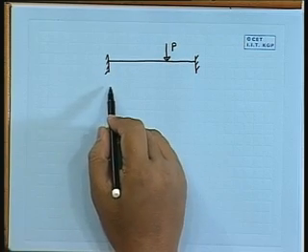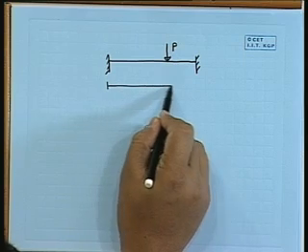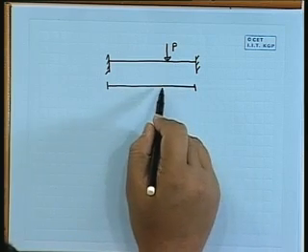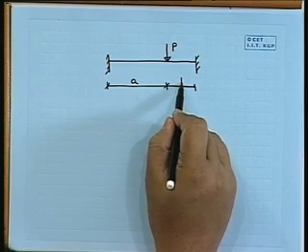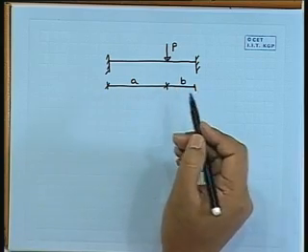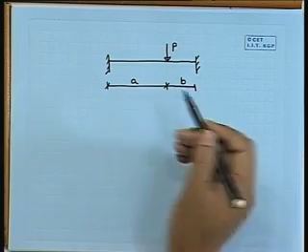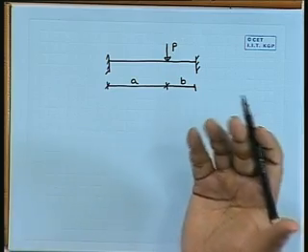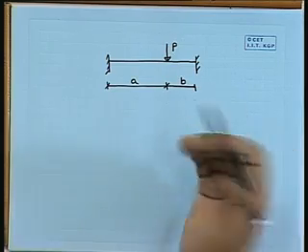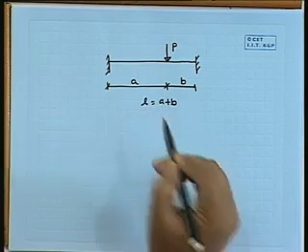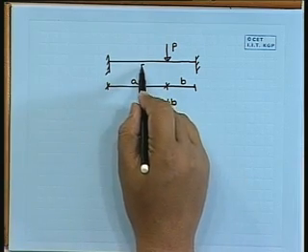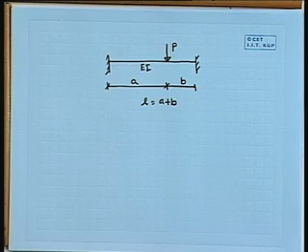And we can say here to here is A, here to here it is B. It will have EI, L, everything, and we can say L is nothing but A plus B, and it has some flexural rigidity EI.